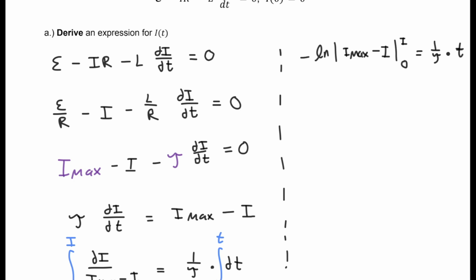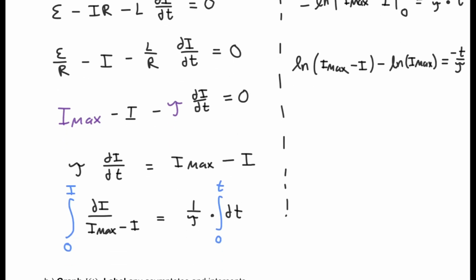All right, now plugging in our limits on the left side and moving the negative around, we would get ln of I max minus I minus ln of I max is equal to negative t over tau. Because I'm just plugging in I as the upper limit and 0 as the lower limit.